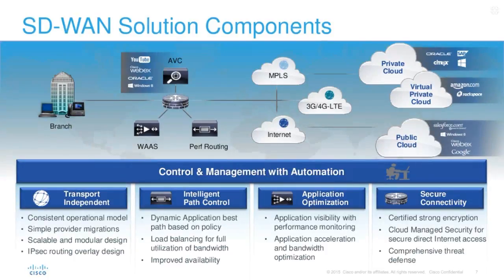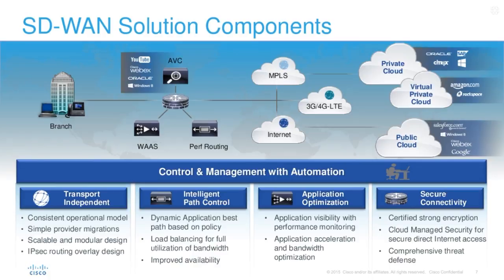So we're going to be using things like load balancing, where we can load balance connections over certain transports and send them out that way. So very intelligent in terms of the intelligent path control. And again, all of that's from the software-defined controller.